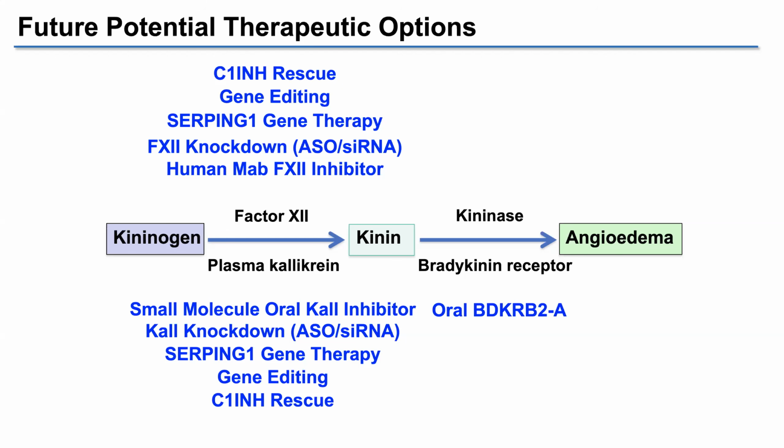The problem is it's a highly controversial area, and there's no good evidence that suggests that is actually what's happening. In fact, most of the development has been towards improving, as I mentioned, the bradykinin receptor B2 antagonist.